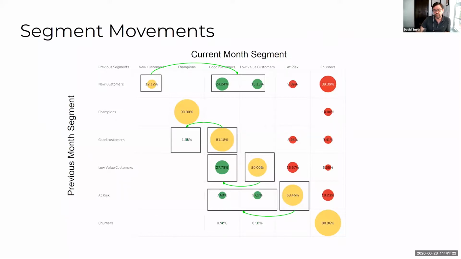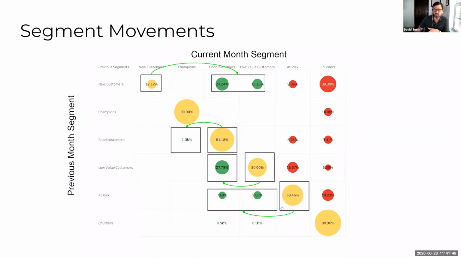Here they were low value, and now they're moving to good customers. Here they were good customers, and they moved to champions. That is an indication that these customers are moving in the right direction. You can use this movement information to help you figure out the effectiveness of marketing strategies, for example. Say we had a marketing strategy that was aimed at the at-risk customers.